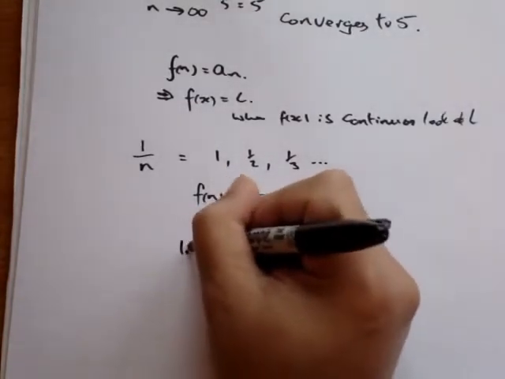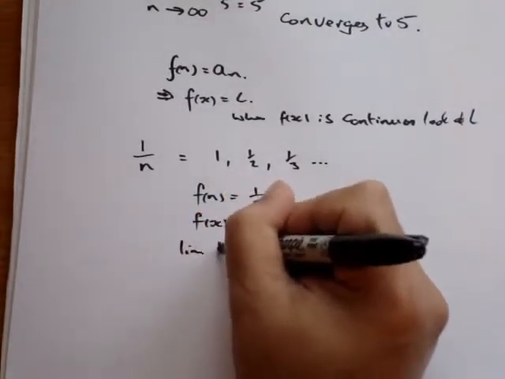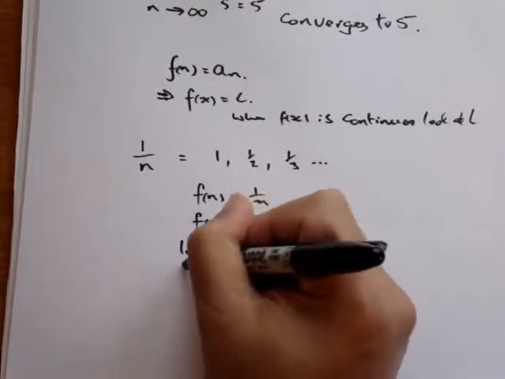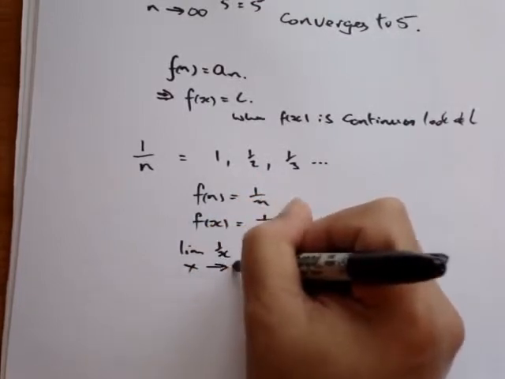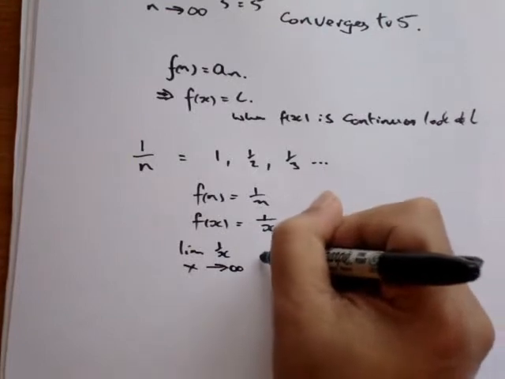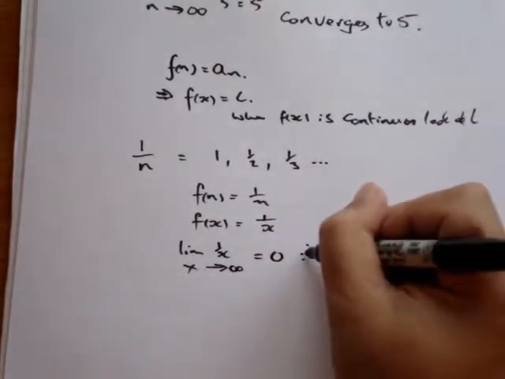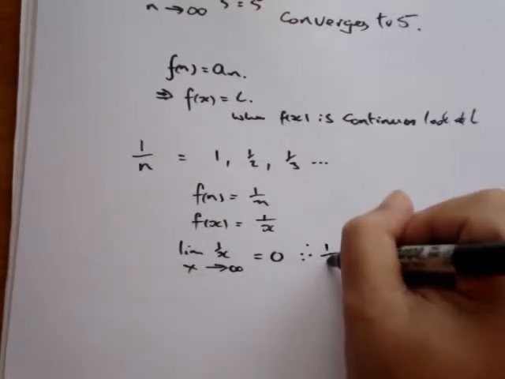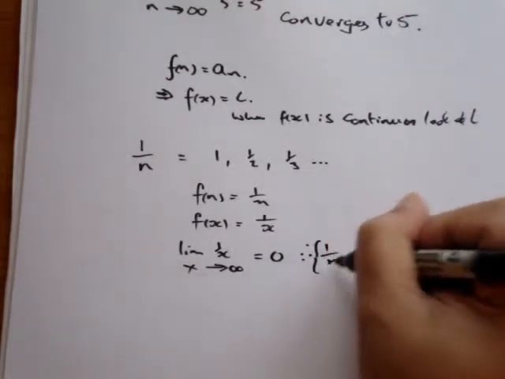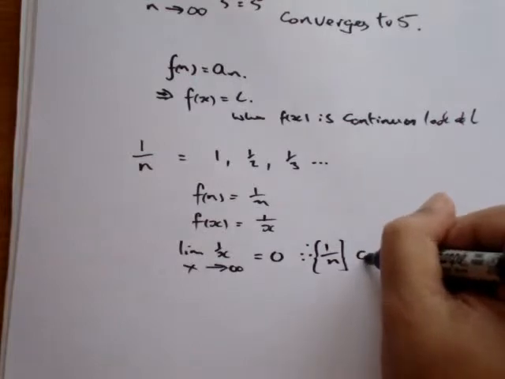So the limit of 1 over x as x approaches infinity is 0. Therefore, we can say that 1 over n converges.